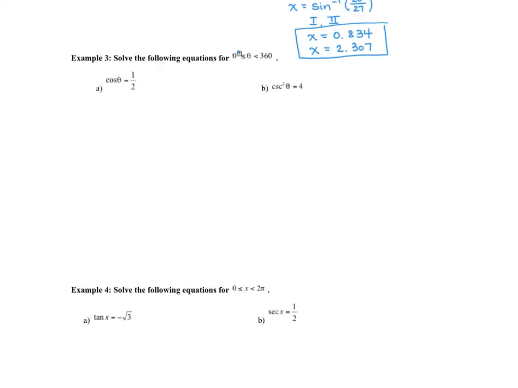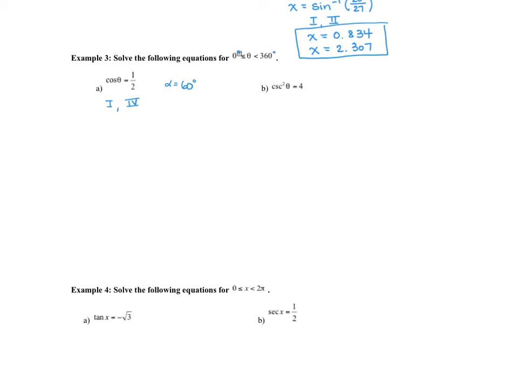Okay, back to degree mode, but we probably won't need our calculators here because the first question is asking, when is the cosine of theta equal to 1/2? And we know that's in the first quadrant, right? Cosine is positive in the first quadrant and the fourth quadrant. The cosine of theta is equal to 1/2 at an alpha of 60 degrees.